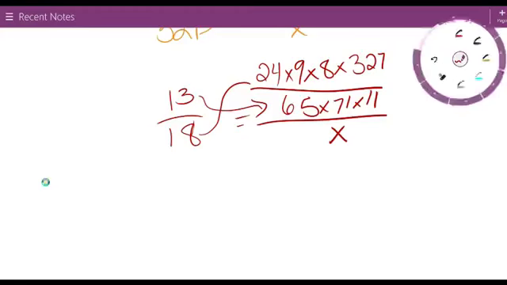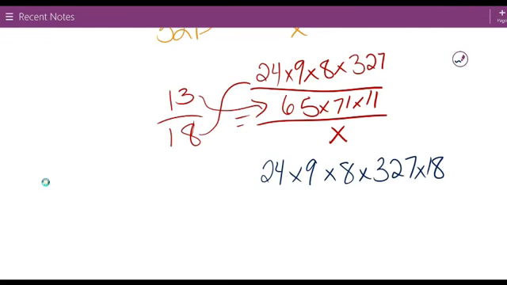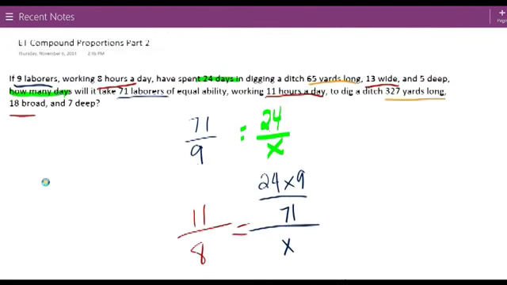So that's going to give us 24 times 9 times 8 times 327 times 18 over 65 times 71 times 11 times 13 over x.